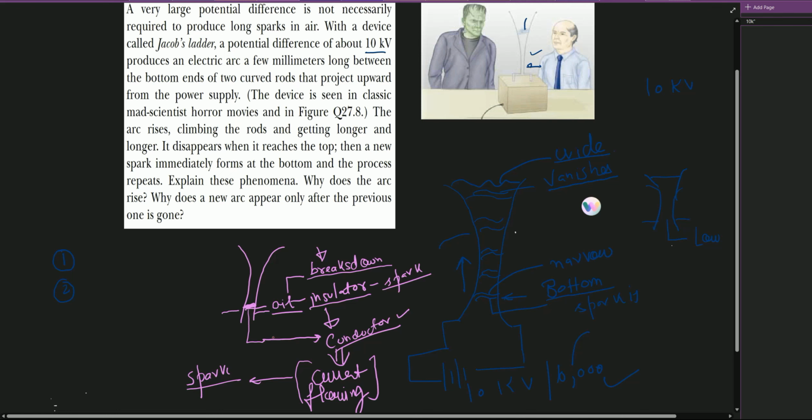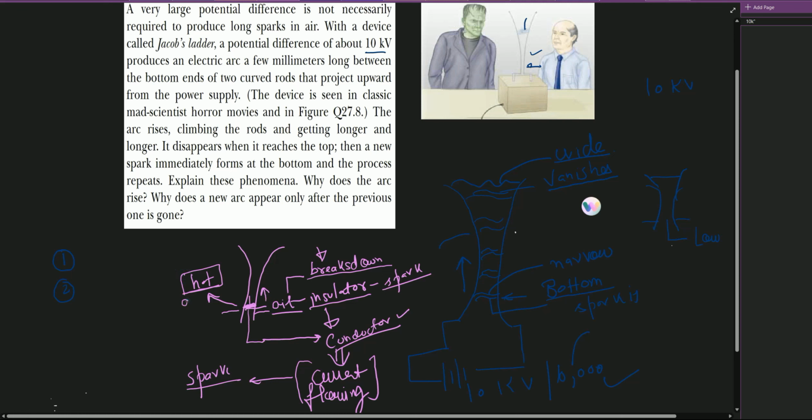And the air which is there gets heated also, right? So the air here is getting hot, and the hot air always travels upward. As the hot air travels upward, since it is ionized, the spark travels with the hot air.